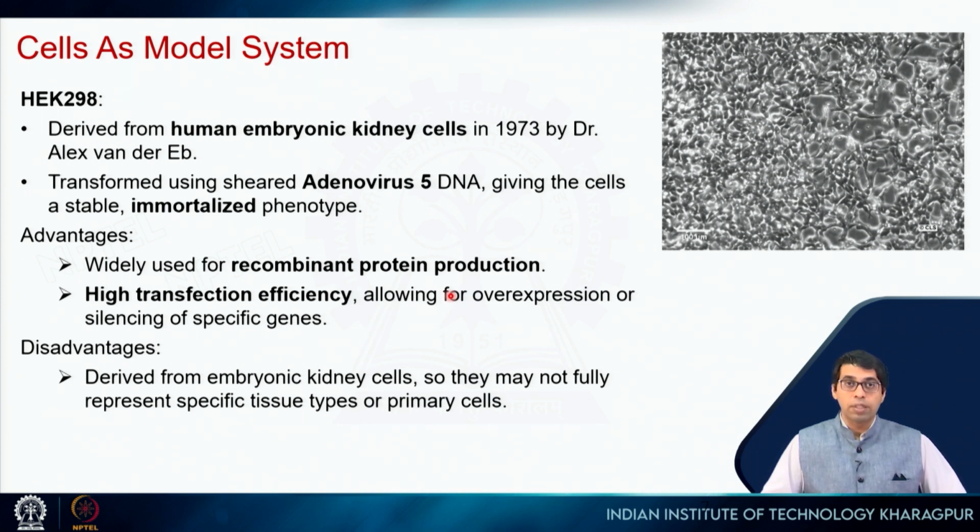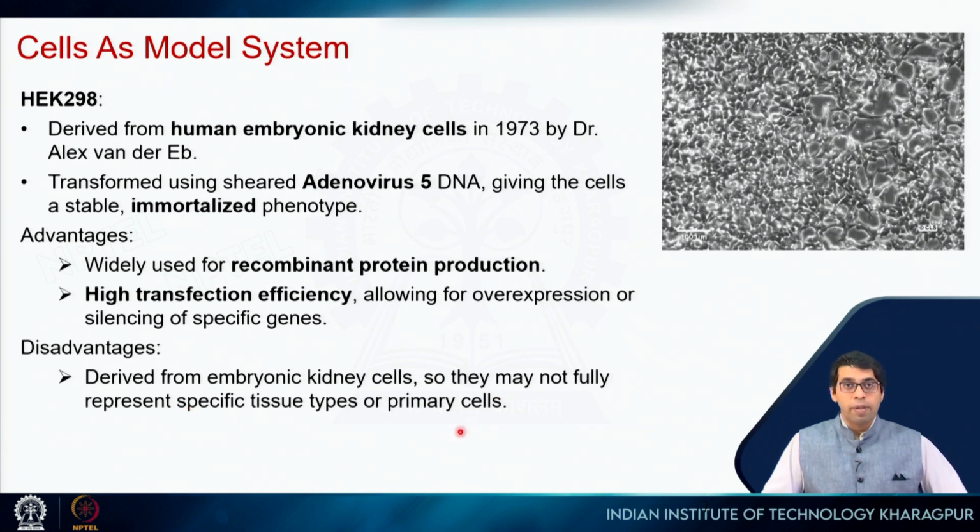In those situations, cells like HEK 293 can be used for overexpression of these target proteins. It also has high transcription efficiency, which means that silencing experiments can also be done relatively easily.